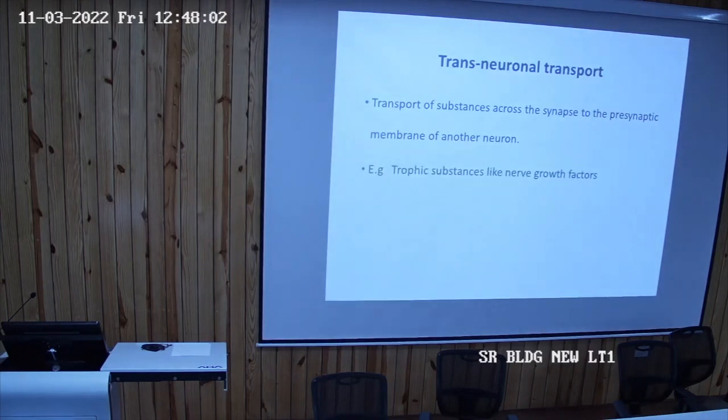Like trophic substances, protein substances which are helpful in the growth of the neuron. Okay, so the trophic substances like nerve growth factors may also help the neighboring neuron, for the growth of the neuron, for the maintenance of the neighboring neuron. It helps to maintain the synaptic contact.